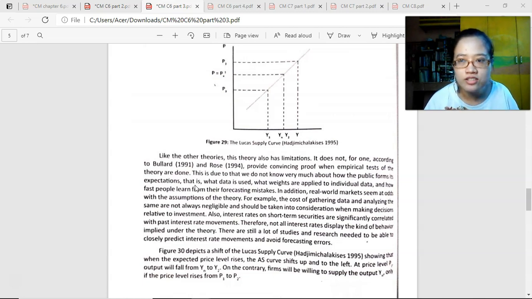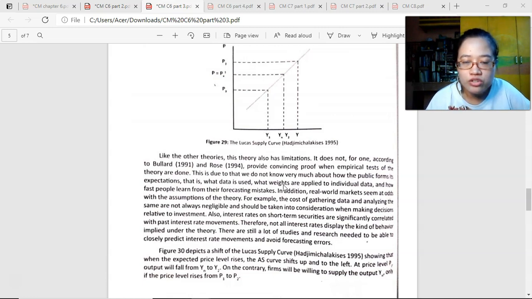Okay, maybe the experts have their own expectations, but the general public who are not very knowledgeable about what's actually going on in the economy could react in a different way. Their expectations would be very different from those who are properly informed or who understand what's going on in the economy.